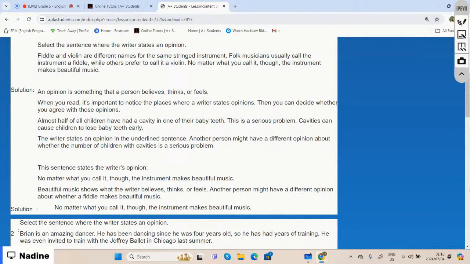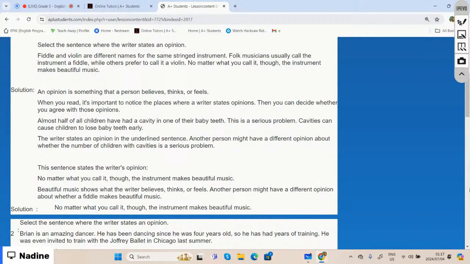So we see that when we read, it's important to notice places where the writer states an opinion. And remember, I said that in magazines, newspapers, articles, even on the news, right? When you watch the news on television, the journalists, or let's say writers, basically state facts.